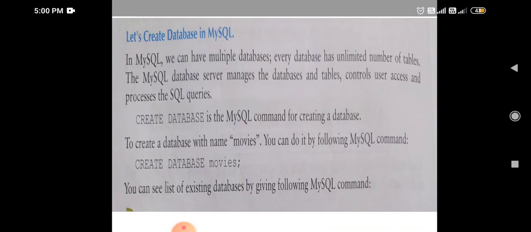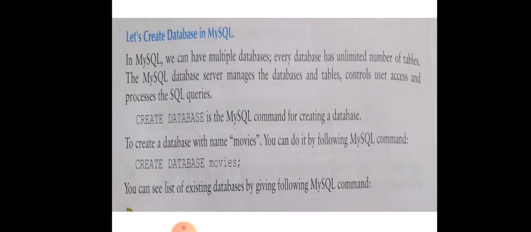Now let's create a database in MySQL. In MySQL we have multiple databases and you can create an unlimited number of tables by using different commands. First of all, we create a database by using the create database command, by writing create database and the name of the database which you want to create.